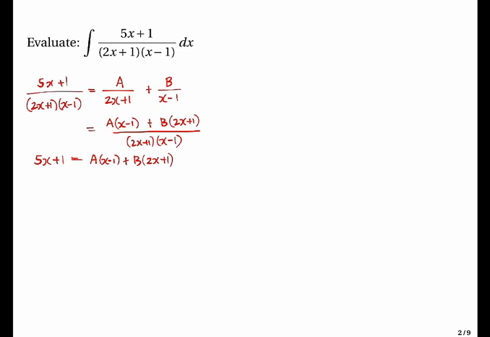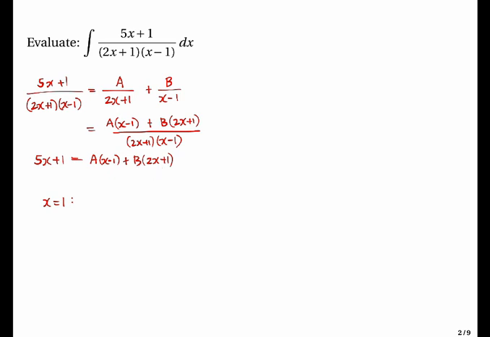So for example, we can let x be equal to 1. If we let x equals 1, the term with A will vanish because at x equals 1, x minus 1 is equal to 0, while the other term will not vanish.